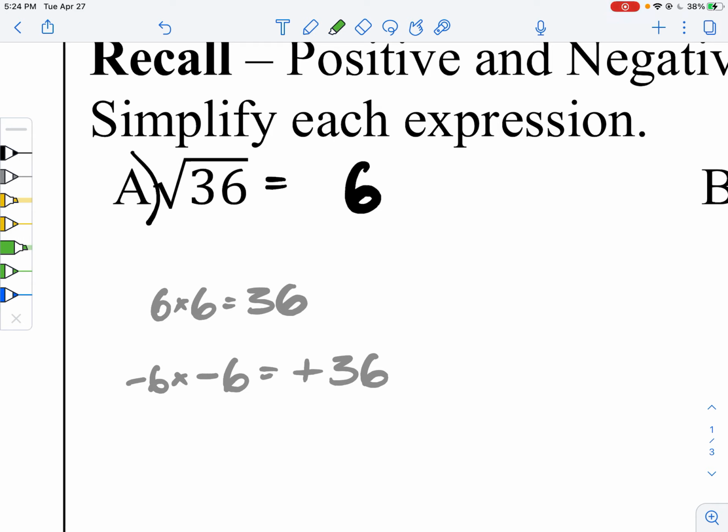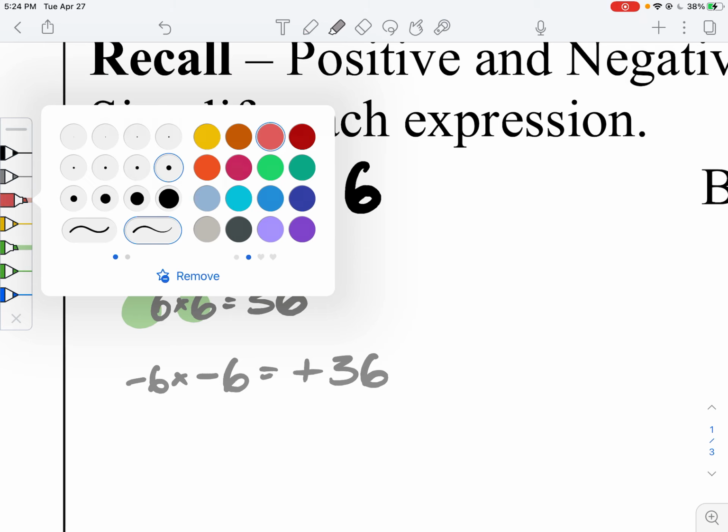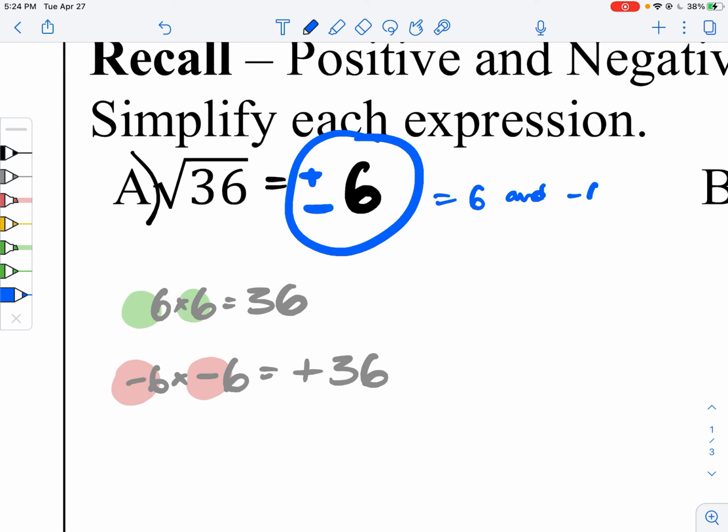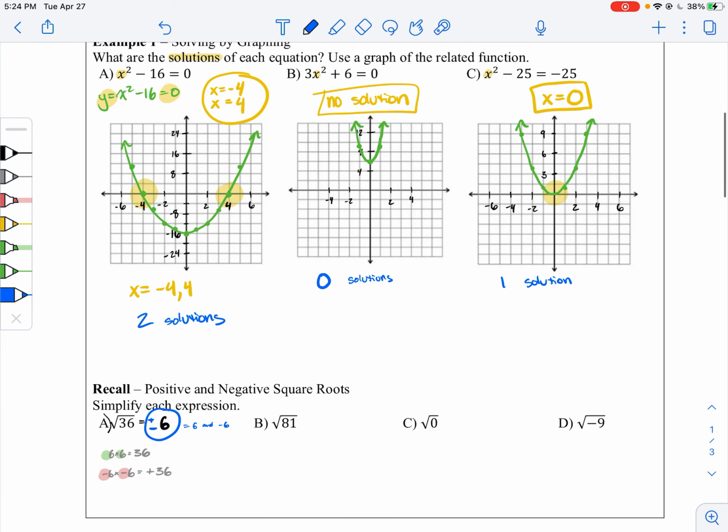So you have positive 6, but you also have negative 6. So square root actually has 2 solutions. You need to write your answer like this, plus or minus 6, which means 6 and negative 6.